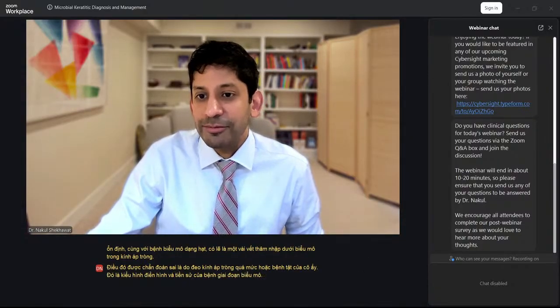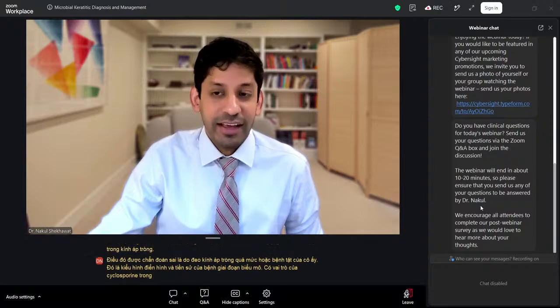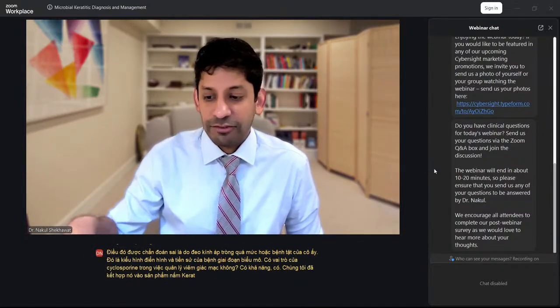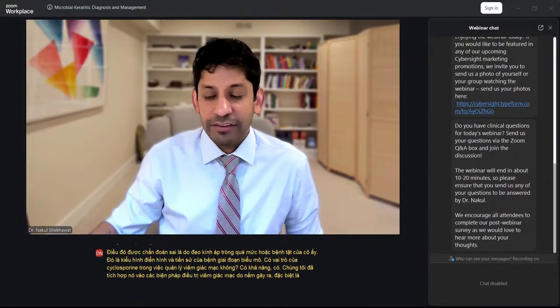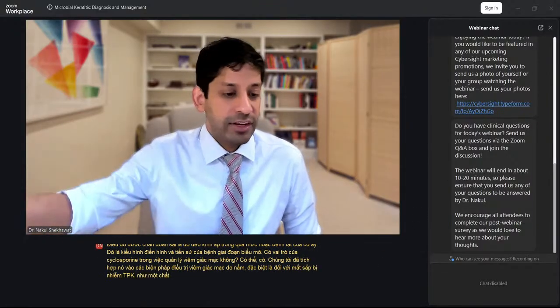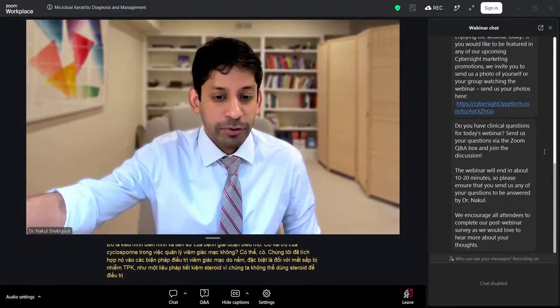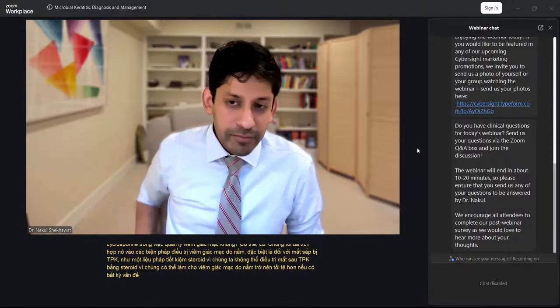Is there a role of cyclosporin in the management of keratitis? Potentially, yes. We've incorporated it into our fungal keratitis protocols, especially for eyes that are about to get TPK, as a steroid sparing therapy, since we cannot treat the post-TPK eyes with steroids because they might make the fungal keratitis worse if there's any fungus left.